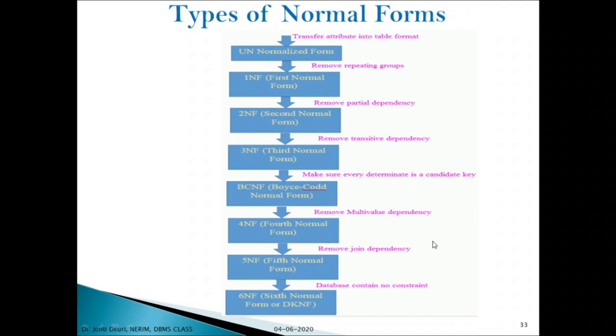We have to remove that. Then multi-valued dependency, if you are having multiple values, then you have to remove that. Then it will come to the fourth normal form. Remove joint dependency, then it will come to the fifth normal form. Then if the database contains no constraints, that means there will be no restriction on anything, then it will come to the sixth normal form.